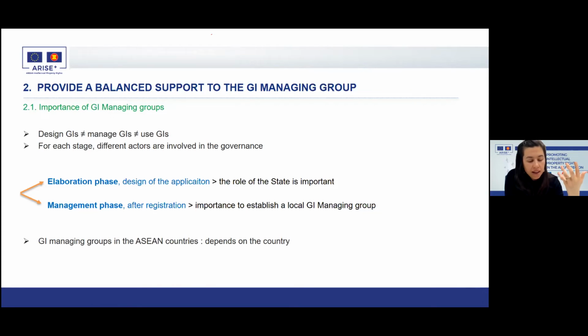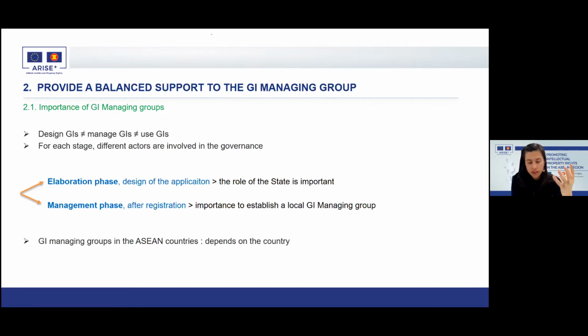So a balance, what I mean by balanced support is that, of course, the governments, and especially the local governments and all the public services associated to these local governments, must be involved from the very beginning, especially in the design of the application and in the area that is delimited.